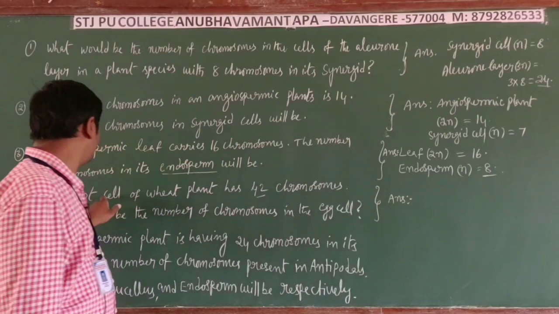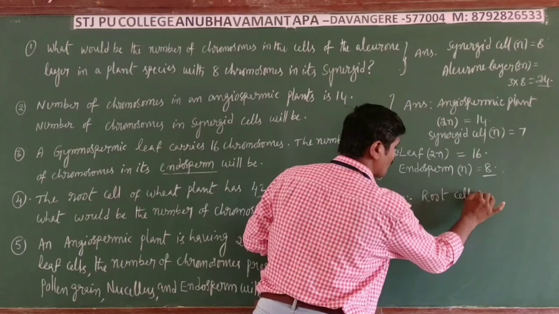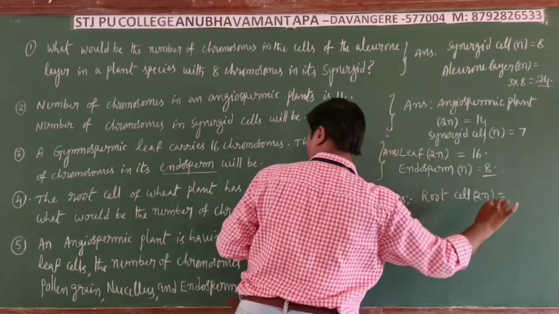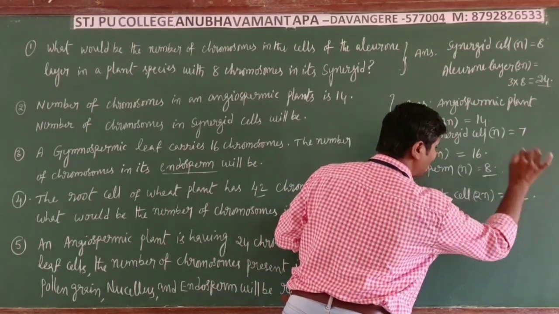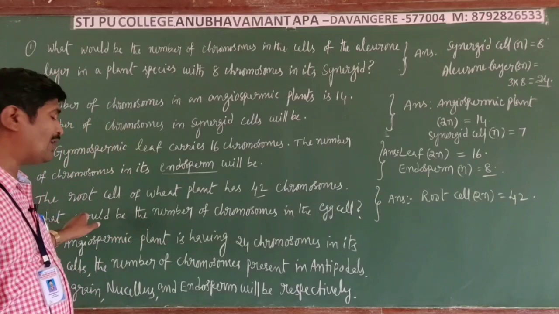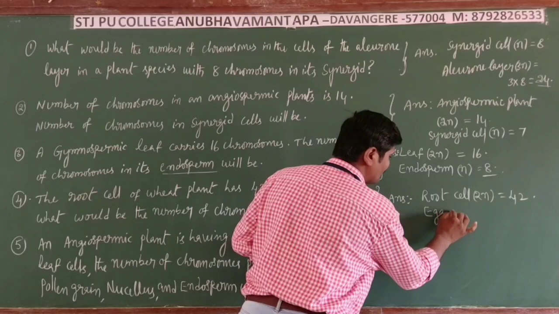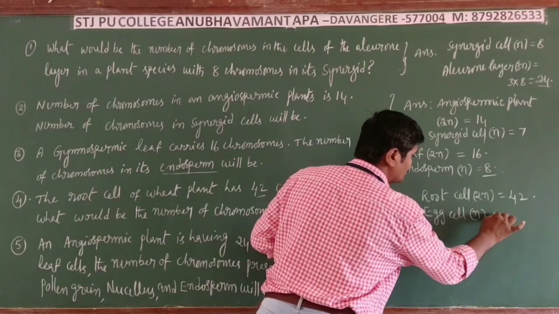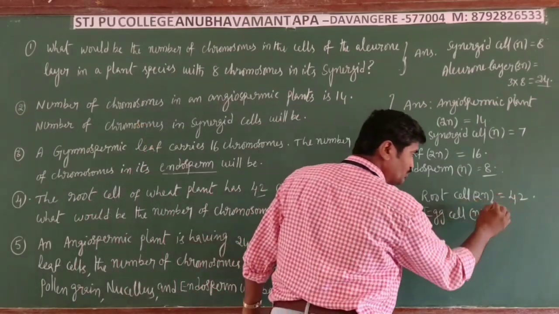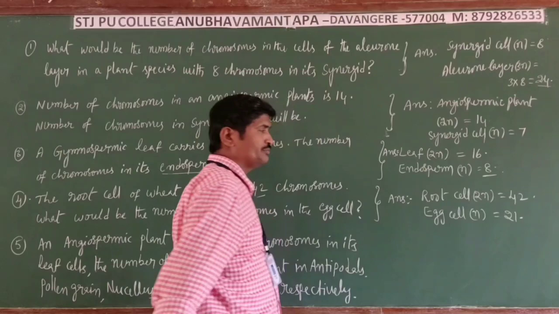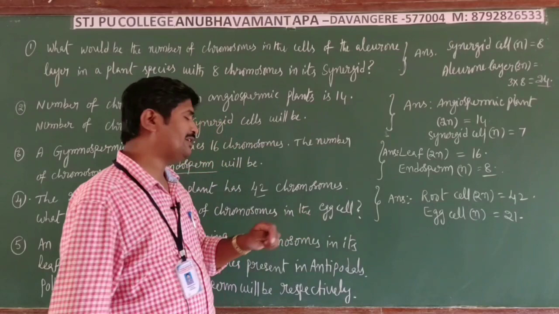See here, the answer: the root cell is 2n, with a total of 42 chromosomes. The egg cell is haploid. That's why 42 by 2, 21. Haploid, so 21 chromosomes are present in the egg cell.